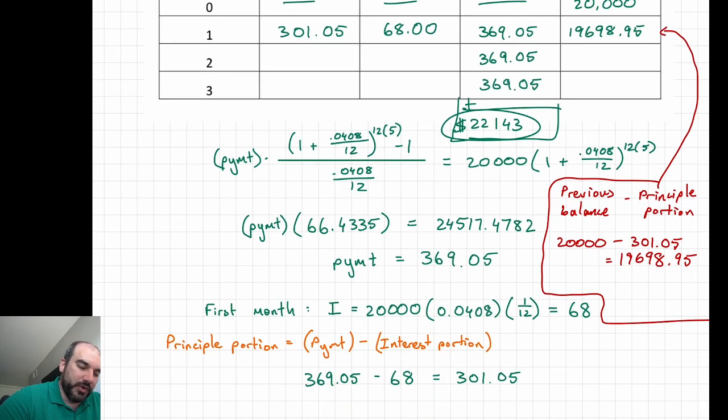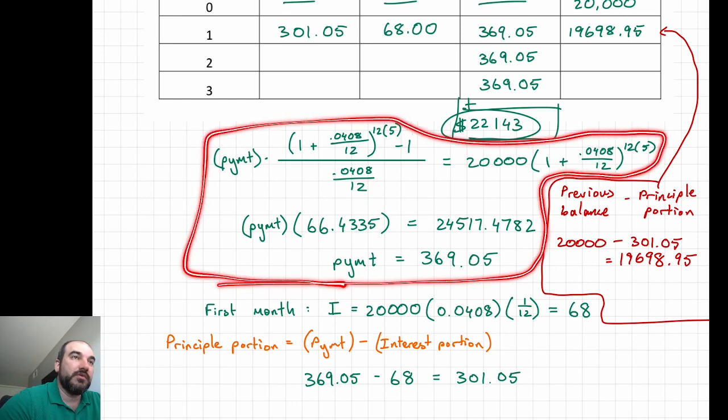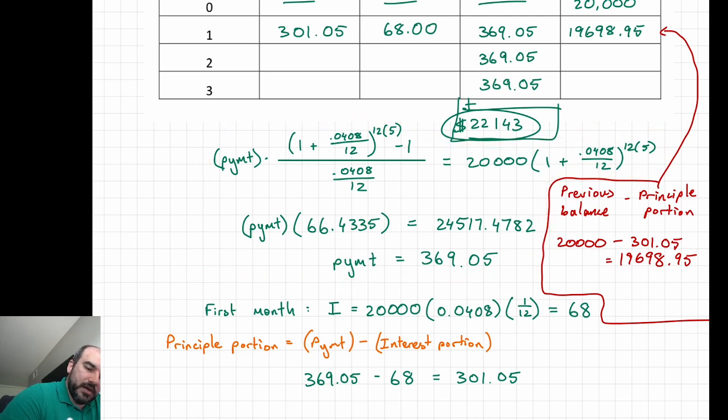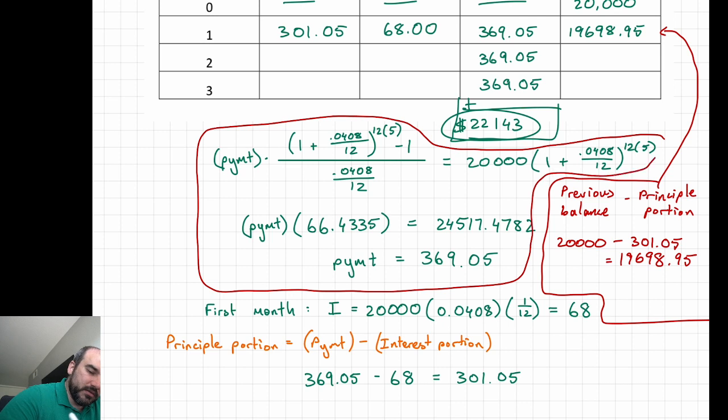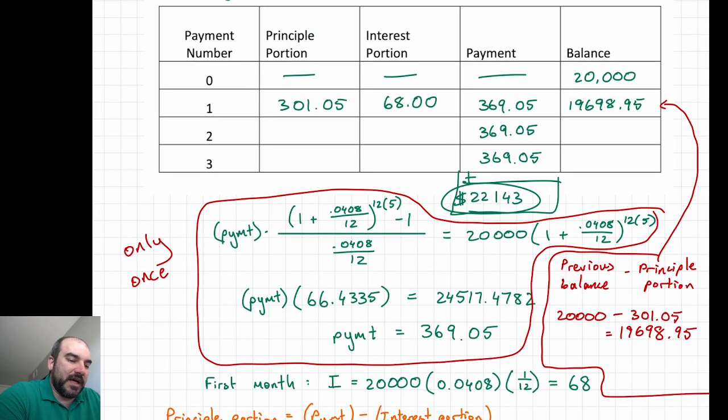We don't need to do this part of the calculation ever again. This is only done once. So let me actually make a note of that for you guys. This is done only once. At the beginning of the problem, we do that once. That tells us the payments column, right? That's going to be the same for every single month.